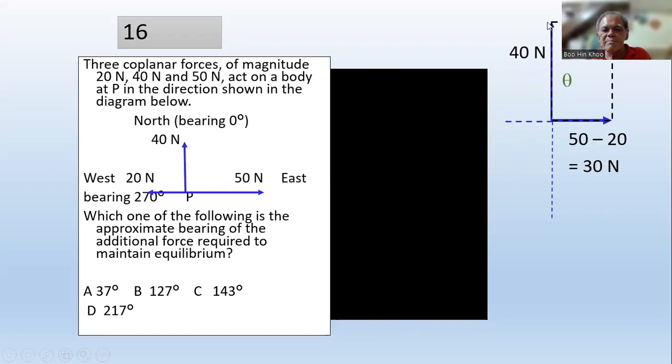To complete the rectangle, that's the resultant. That's the angle theta. We don't want that resultant. We want equilibrium, the force required for equilibrium. So it's exactly the same as the resultant magnitude, but opposite direction, so that this point will not move.